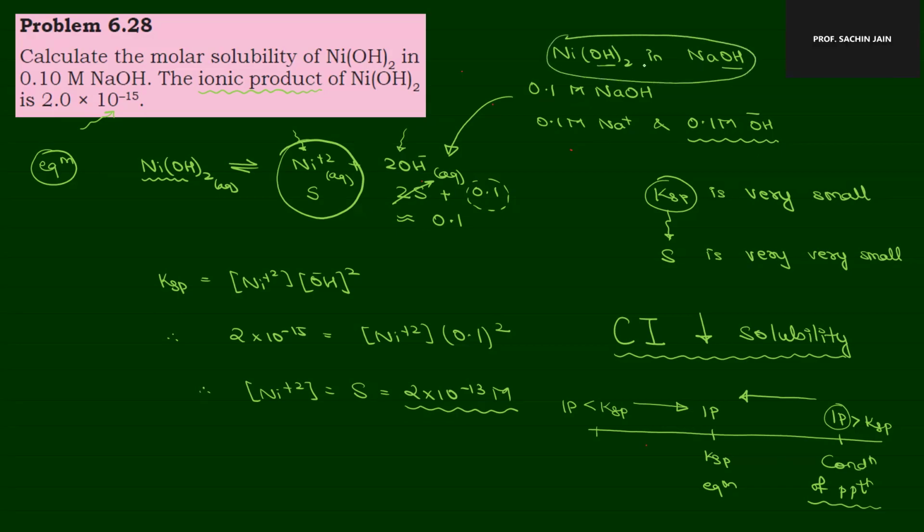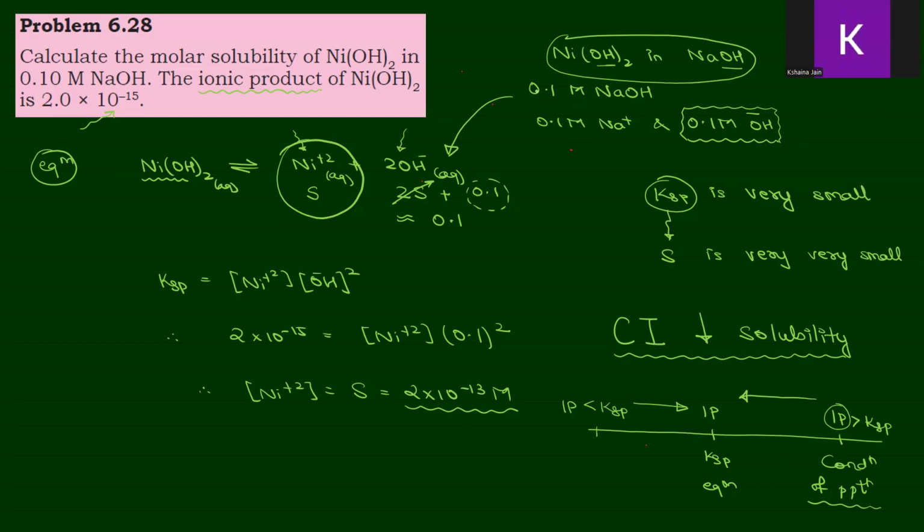Simple. Now here, the concentration of NaOH is your OH minus concentration because it's a strong electrolyte and will dissociate completely. So through the ICE table, nickel concentration is S and OH minus concentration is 2S. But this 2S is only of the sparingly soluble salt. There will be additional 0.1 OH minus coming from NaOH. So I added 2S plus 0.1.